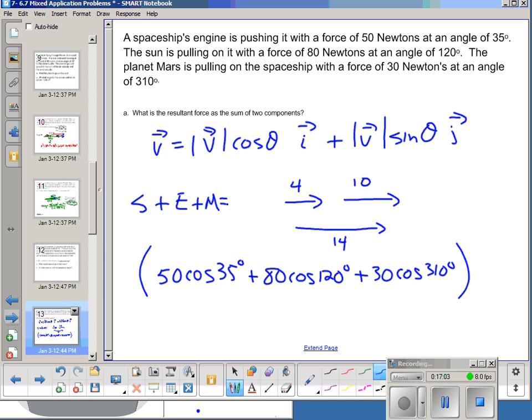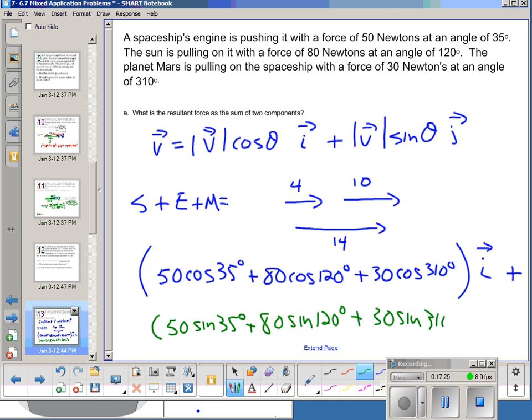Now, all of that is going to give me one number, and that is going to be the length of the i vector overall. And then I can do a very similar thing where I have 50 sine of 35 and 80 sine of 120 and 30 sine of 310. That number that I'm going to get is going to be in the j direction. Okay? So that's what I want to do.